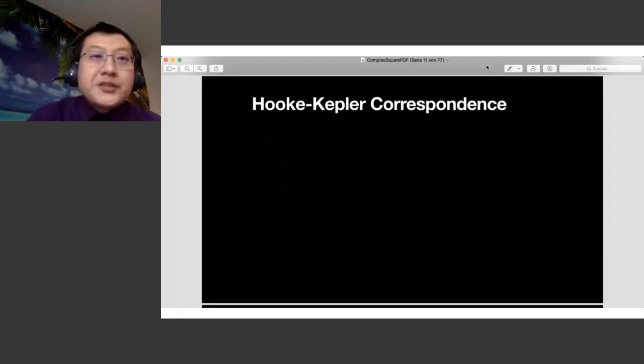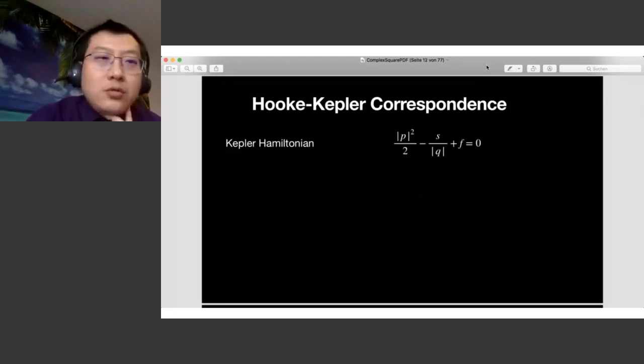Okay, so we'll first start by recalling this rather simple procedure of the Hooke-Kepler correspondence. We just go through the Hamiltonian formalism.